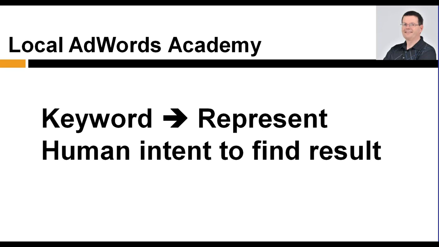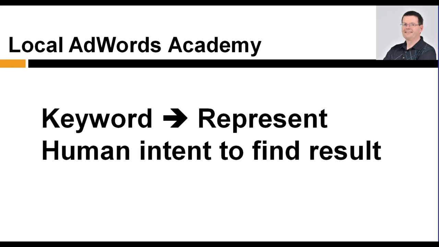Now, that is the most important thing you have to understand from today. A keyword actually represents a human intent to find a result. Wow, this is kind of heavy, no? So you have to understand that a keyword is entered by a human and it has an intent to find something.